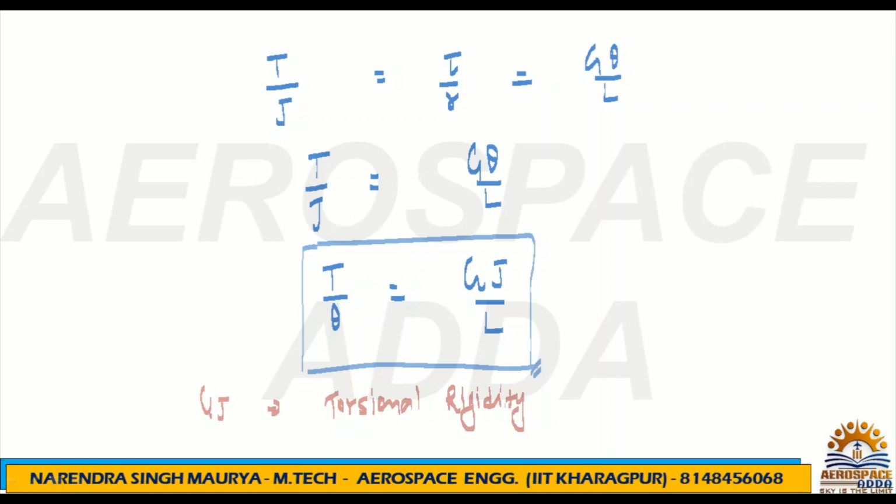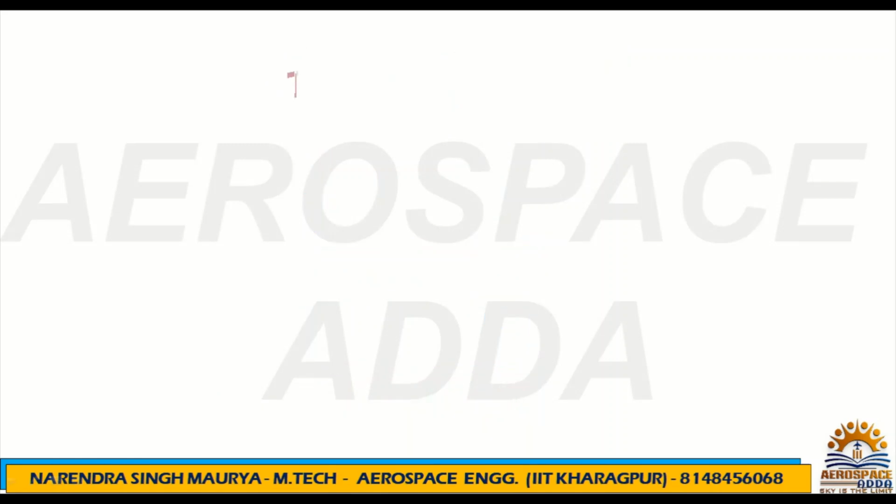Now what is the meaning of it? That meaning is very clear. T by theta is equal to GJ by L. Now in this formula, if GJ, which is nothing but torsional rigidity, is increasing, that means it's a rigid shaft.